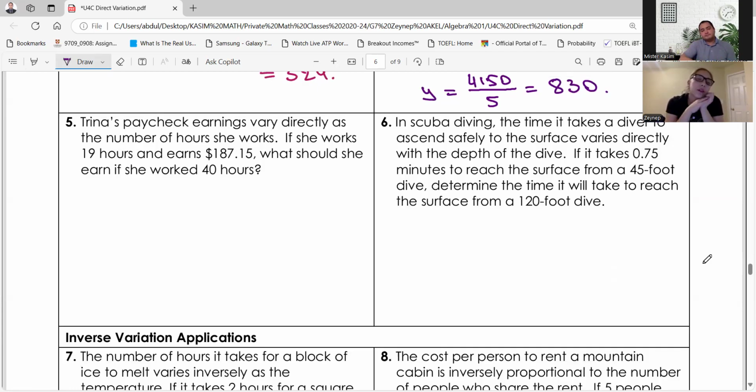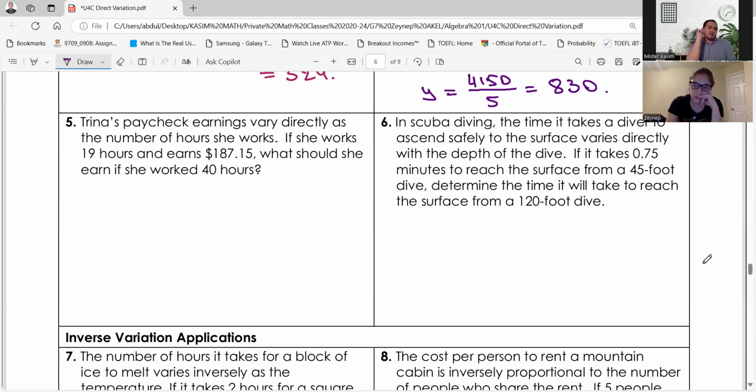Trina's paycheck earnings vary directly as the number of hours she worked. If she works 19 hours and earns $187.15, what should she earn if she works 40 hours?